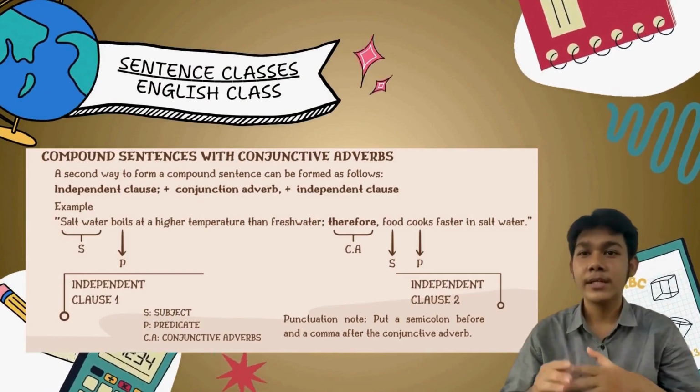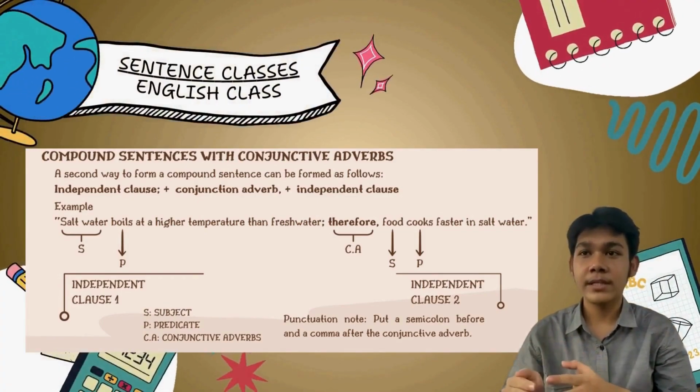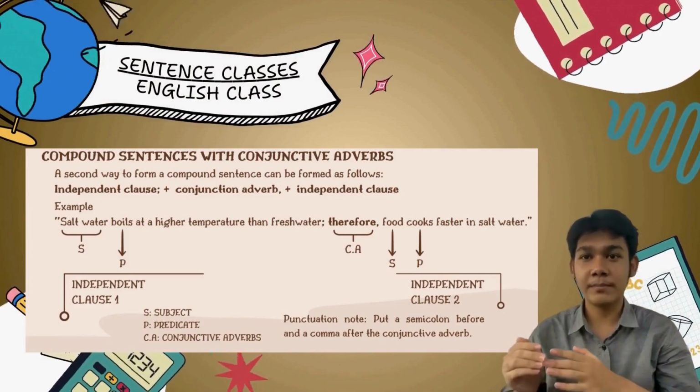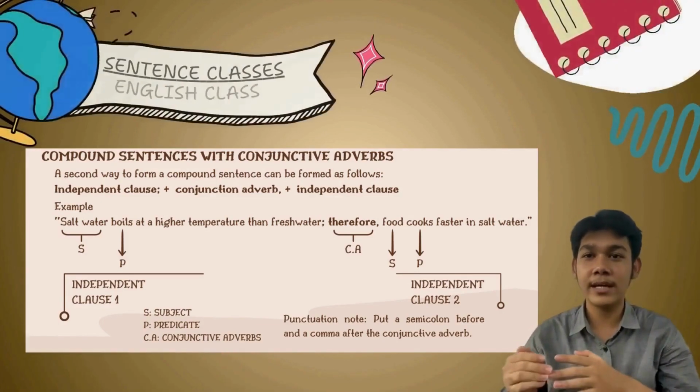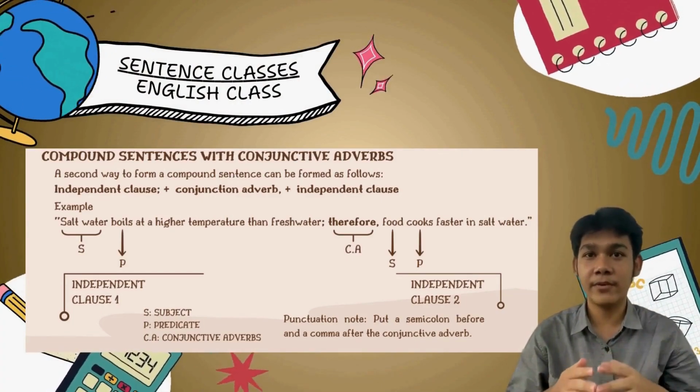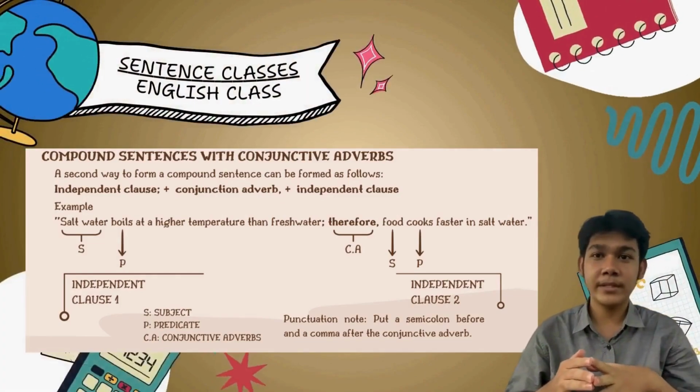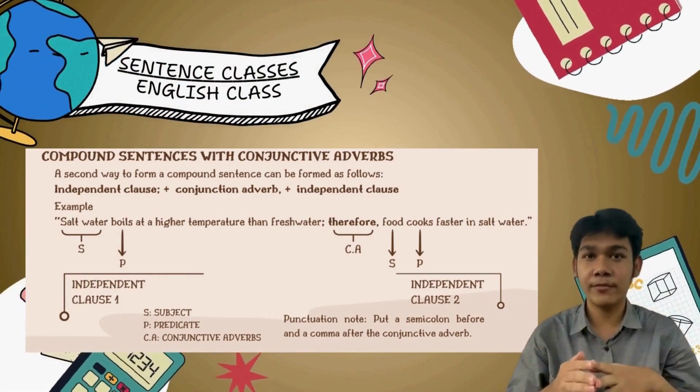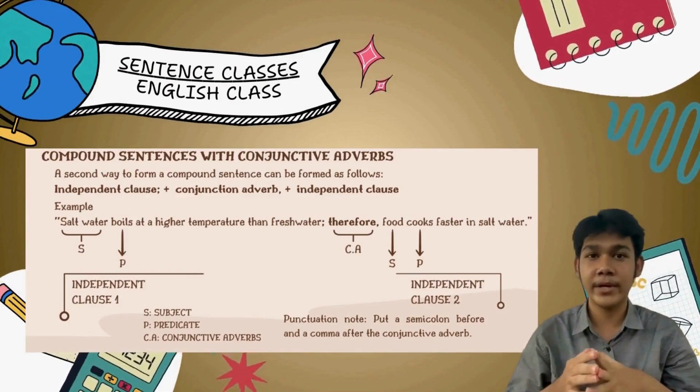The first independent clause has salt water as the subject and boils as the predicate. Then there is the conjunctive adverb therefore, and an independent clause again with subject food and cooks as the predicate.